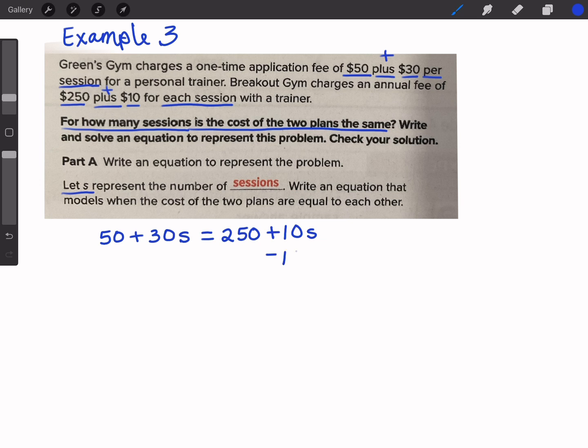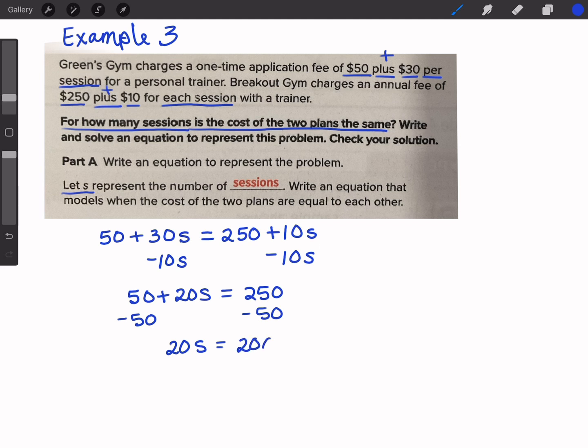All right, now that I've set them equal, I'm going to solve. I need to take away 10S from each side of my equation. That will give me 50 plus 20S is equal to 250. Now all I need to do is take away 50 from both sides. And once I find that, I will get 20S is equal to 200.